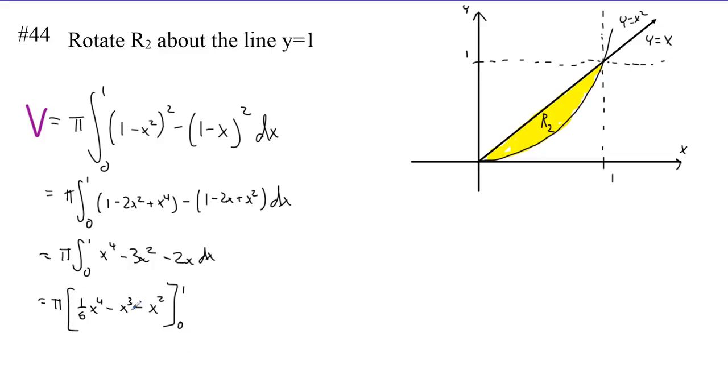And so when I plug in 0 to all of those terms, I'm going to get nothing. So all I have to do is plug in 1, and then it'll be pi times 1/5 times 1 to the fourth minus 1 to the third, and then plus, I made a mistake here.